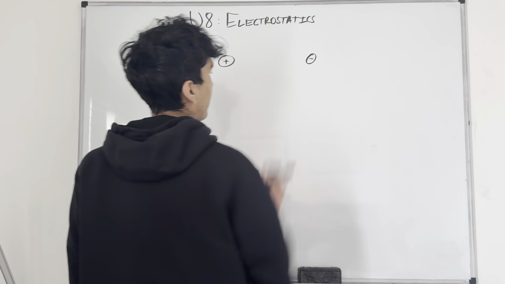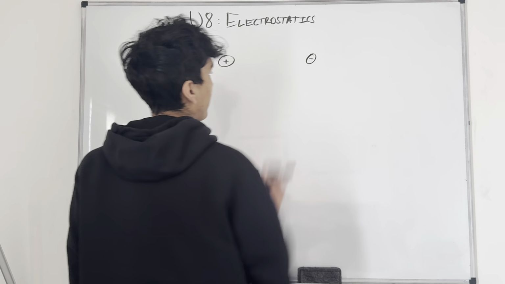Well, I could say that the electric force is equal to K Q1 Q2 over D squared. Breaking this down, K is a constant, times Q1, the charge of one of the charged particles, times Q2, the charge of the other, over D squared, the square of the distance of separation.